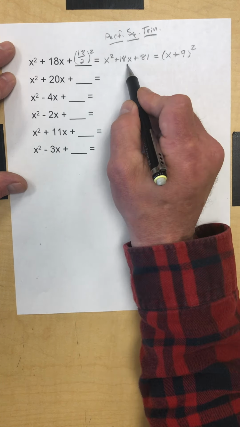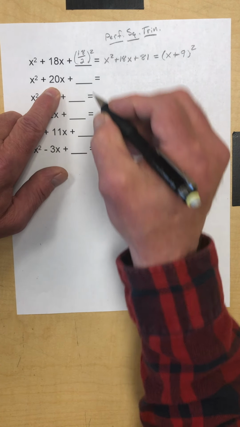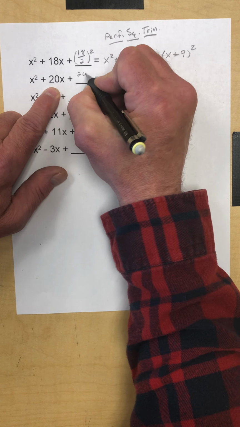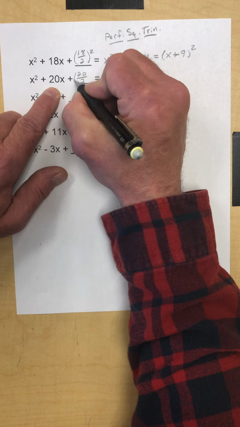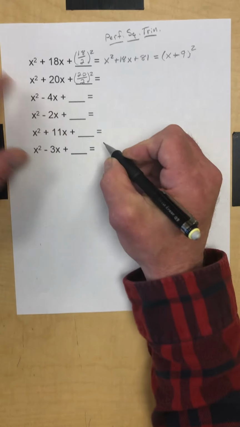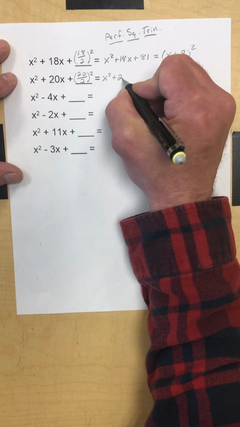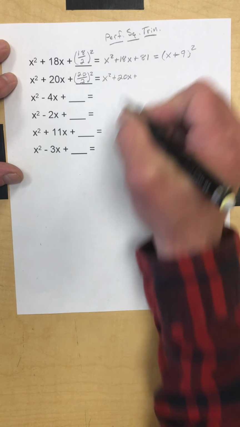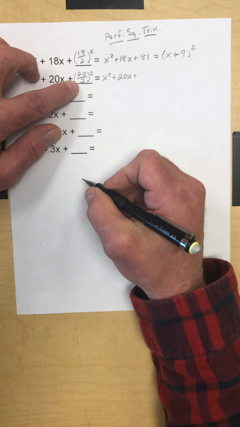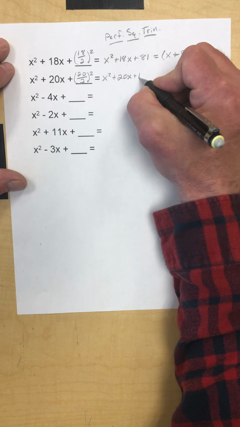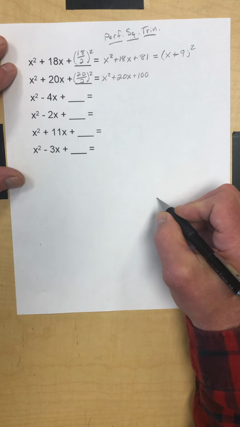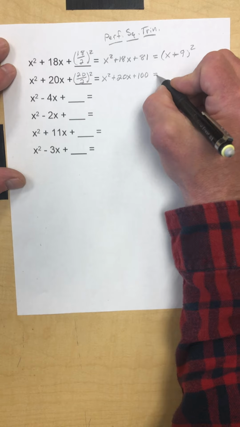Okay, so same rule here. Take the coefficient of the linear term, 20, divide by 2, and then square that. Okay, so I have my x squared, I have my 20x, and then let's see, 20 divided by 2 is 10, 10 squared is 100. And I have a perfect square trinomial. Okay, I want to factor that.